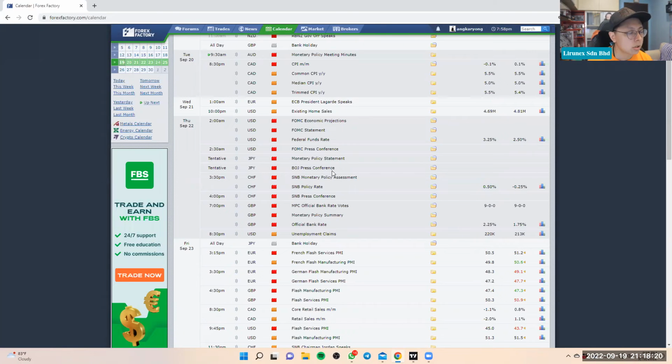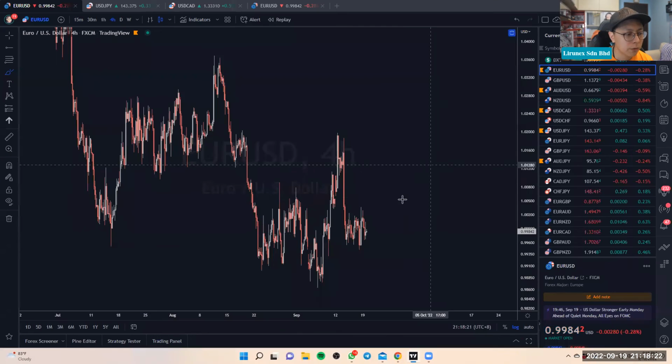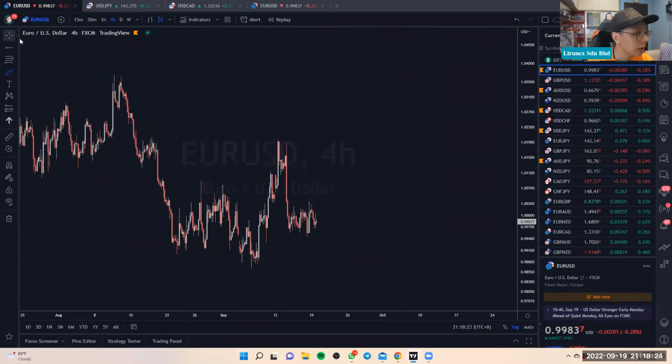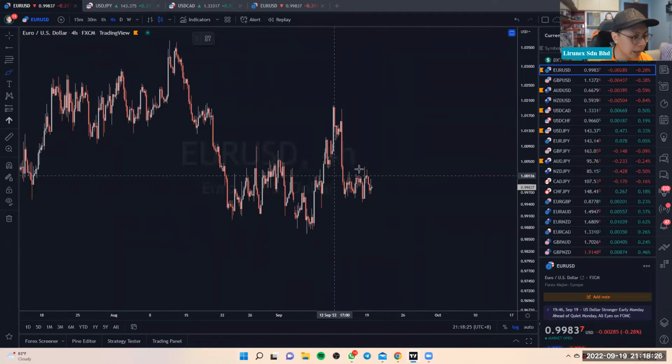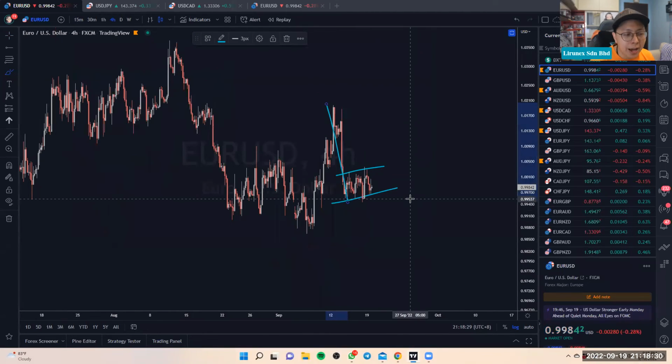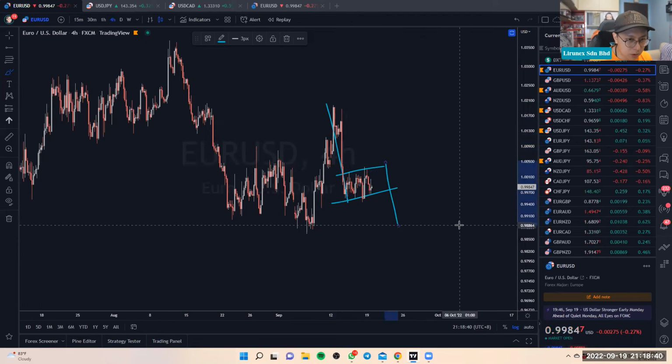So if you look at euro dollar, for example, if we continue to consolidate like that as a flag, there might be a very nice coincidence where, when the Fed funds rate is released, if the dollar in fact strengthens, it can show on the chart.